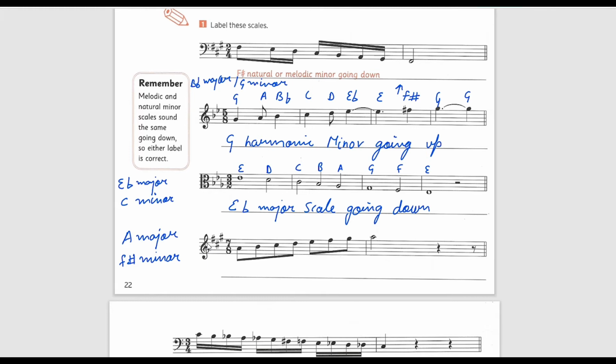This is G and A. Now let's check if there are any accidentals here. There are no accidentals, so that means this is easy. This one is our A major scale going up.